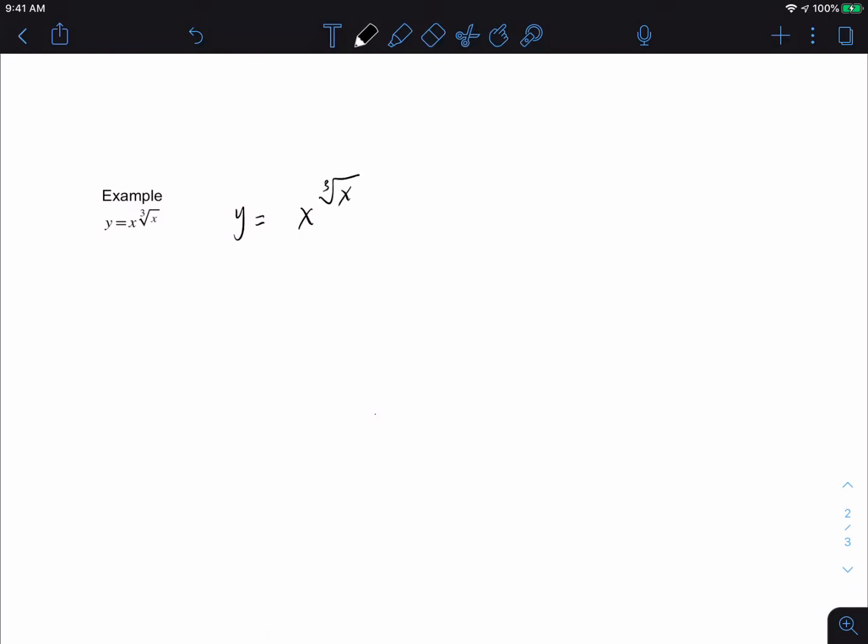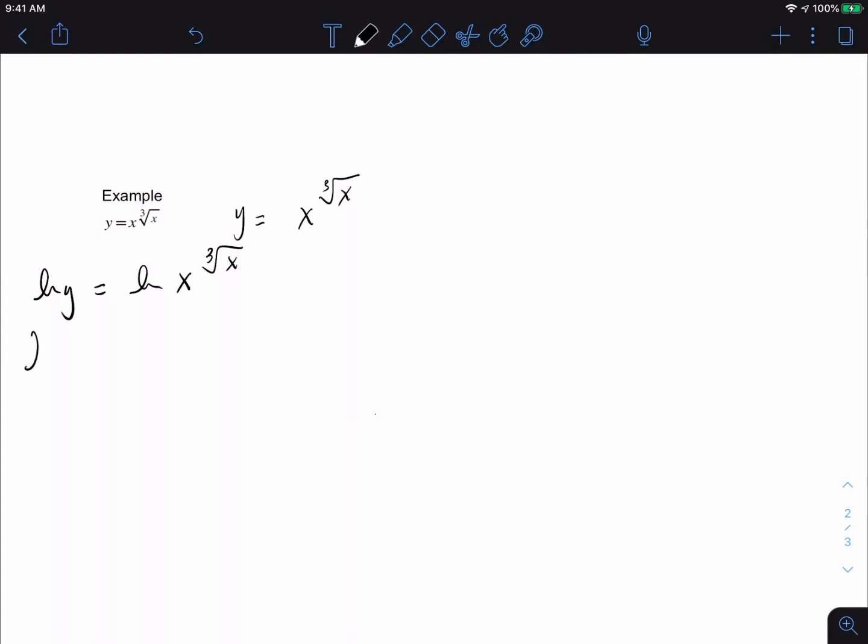Okay? So when we have something like this where we have an exponent that has the variable in it, we want to use this method with it also. So what I'm going to do is take ln of both sides. So I'm going to get ln of y is equal to ln of x to the cube root of x. Okay?